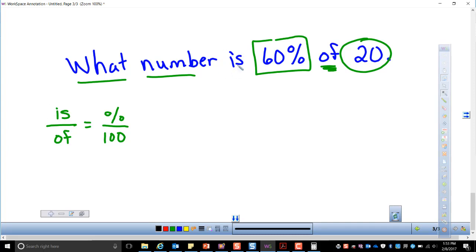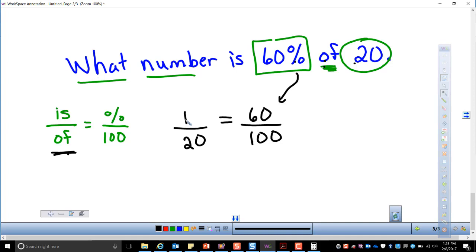I don't have an is. I have a percent, which is 60, because the symbol, right, it's percent. 100 goes on the bottom. And then I have of 20. 20 goes on the bottom because it's an of. Of goes on the bottom. So that means I'm missing this number. So what number? So I'm going to put an N because I'm missing a number.